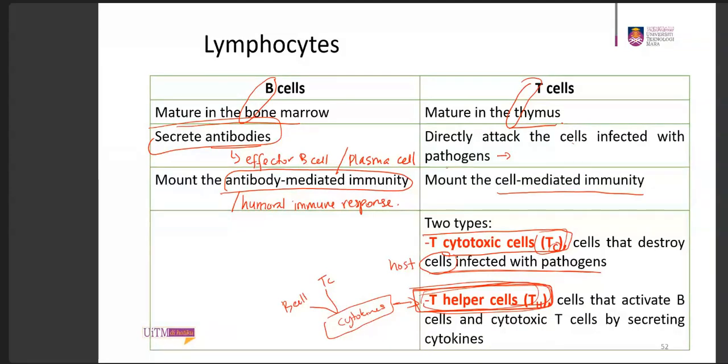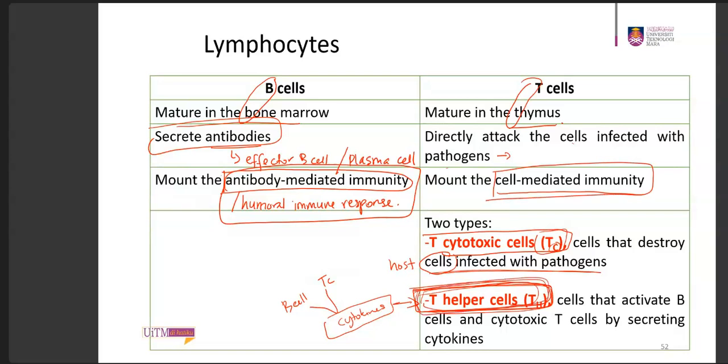So if you have no helper T cell, or if your T cell is being destroyed, for example, or you are lacking helper T cell, your body cannot activate the antibody mediated immune response and cannot activate the cell mediated immune response.